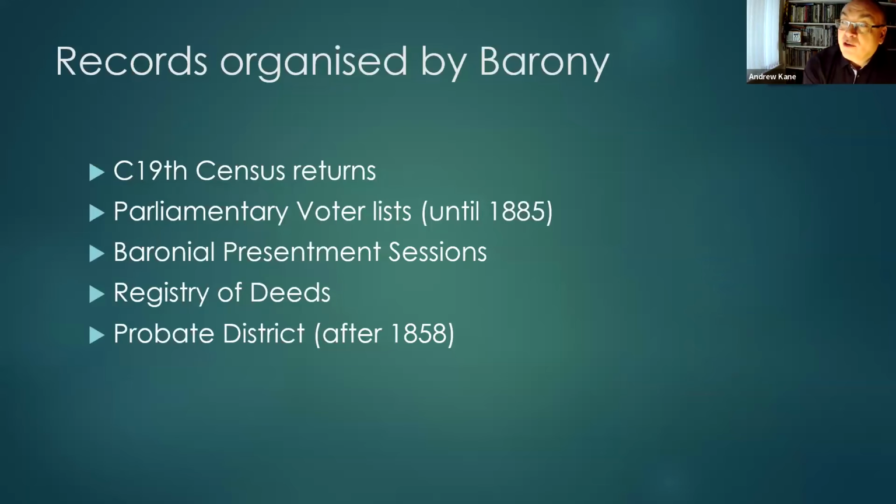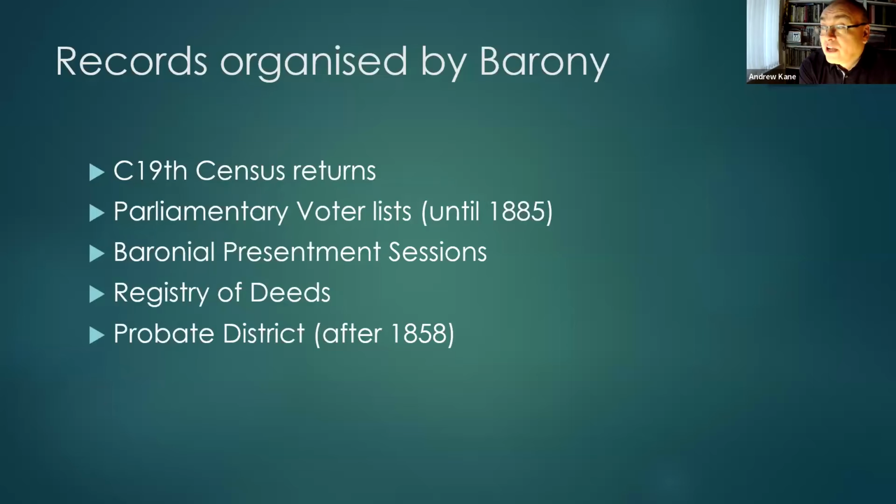So what records are you going to find looking by barony? Well, 19th century census returns are all organised on a barony basis. Parliamentary voter lists until the 1880s were again on a barony basis.